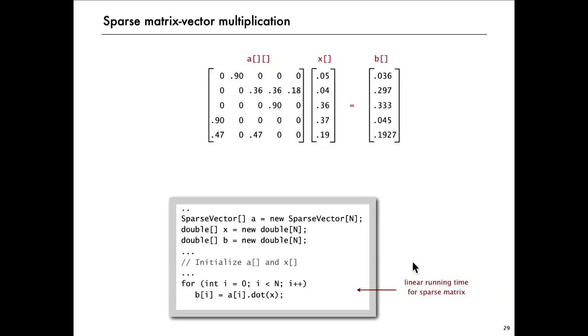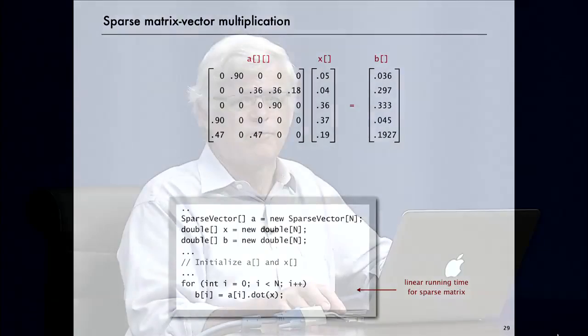And this clearly can make the difference between being able to address a huge problem or not. If we have a 10,000 by 10,000 matrix, we can get it done nearly instantly in linear time, versus 10,000 squared. If we don't run out of space, we might run out of time. But with the symbol table implementation, we can efficiently process huge sparse matrices.